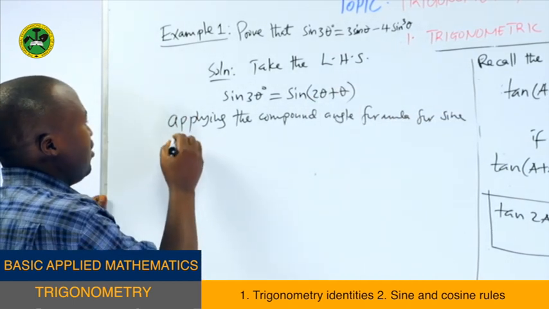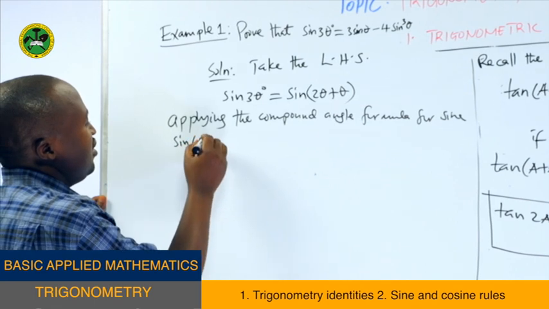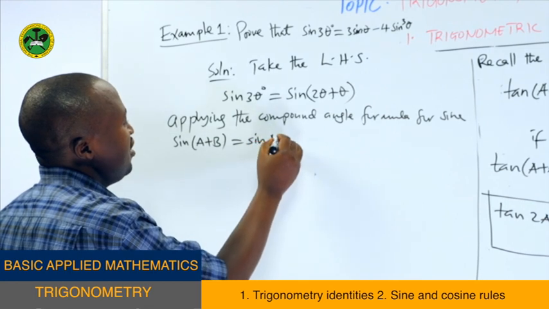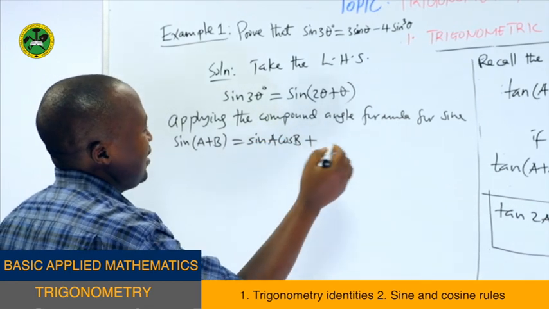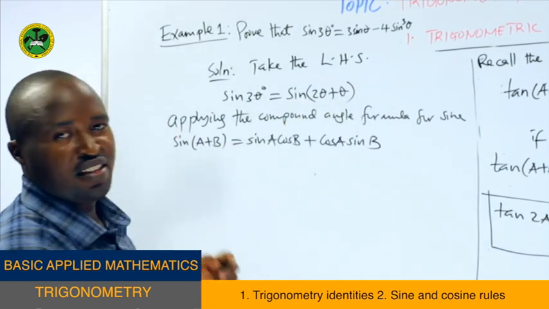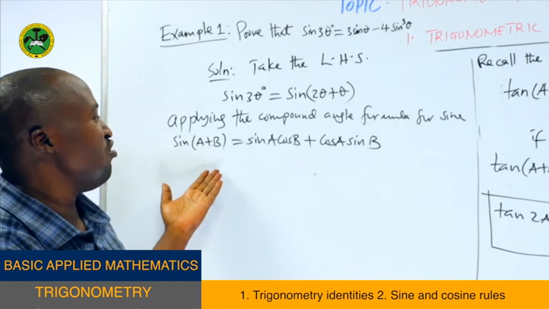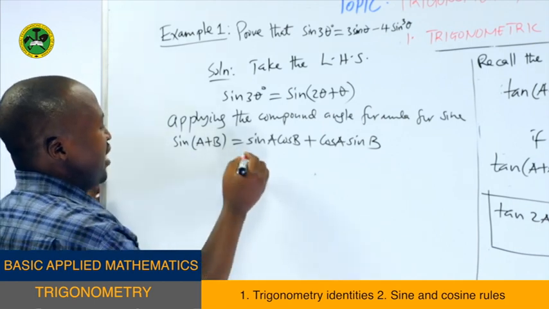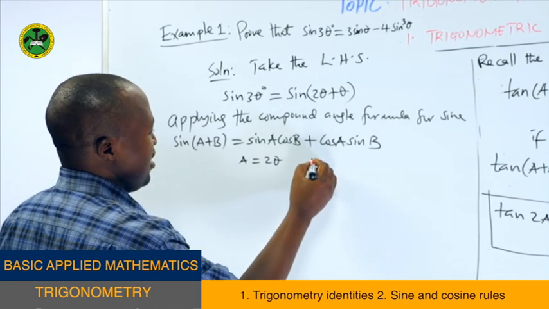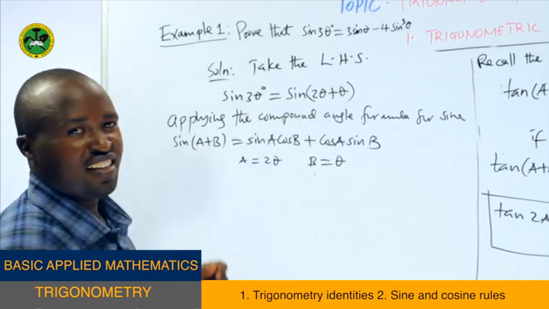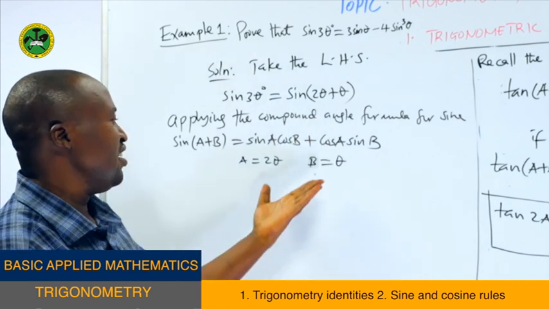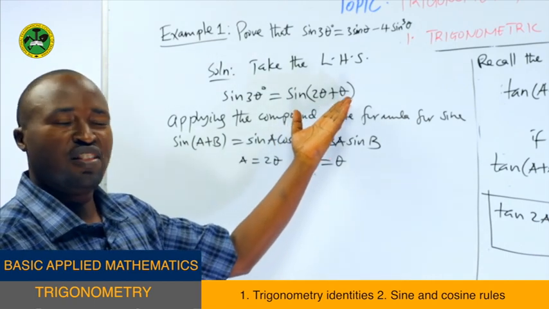So remember, sine A plus B is equal to sine A cos B plus cos A sine B. That is the compound angle formula for sine. Now our A will be equal to 2 theta, and B will be equal to theta. Okay? That angle A will be the same as 2 theta, and the angle B will be equal to theta.